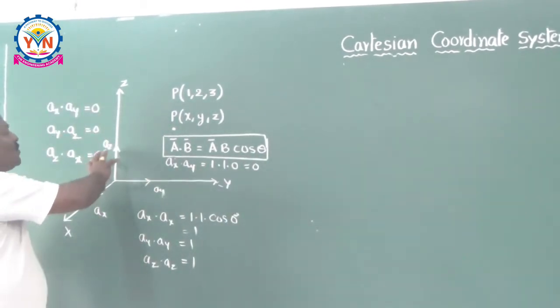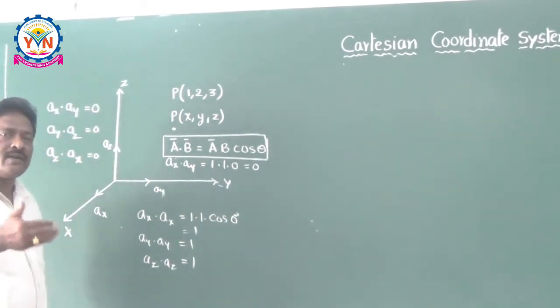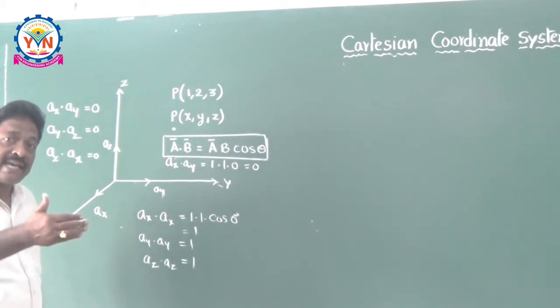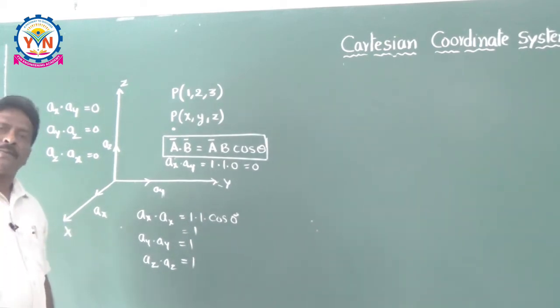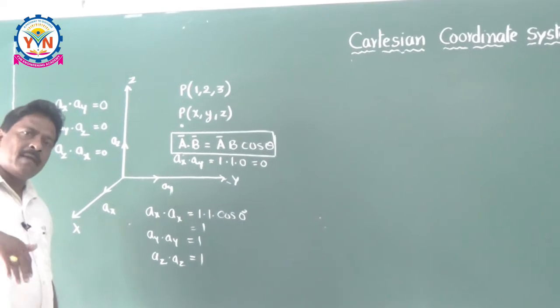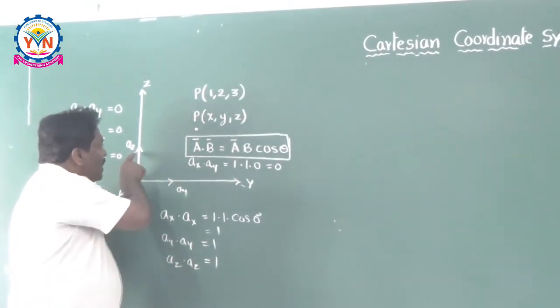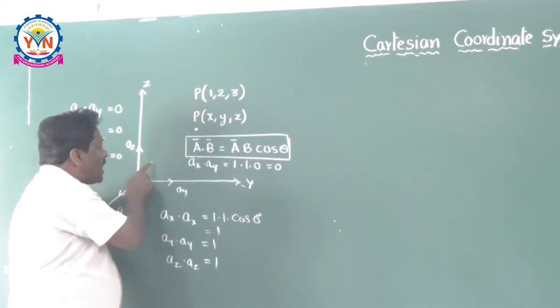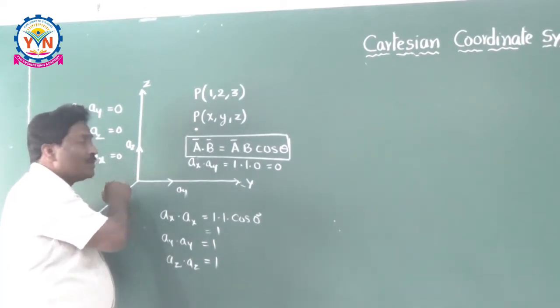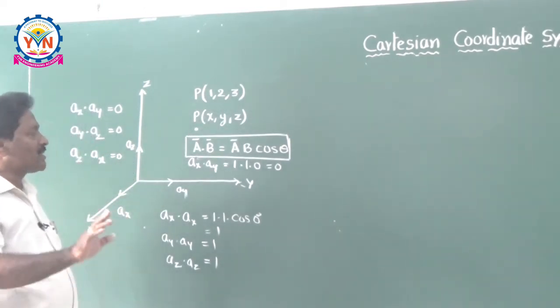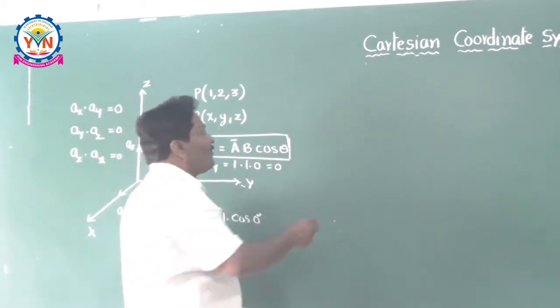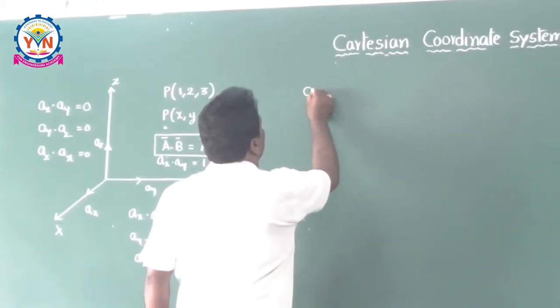So, these unit vectors are meant for telling about the direction of any vector. It may be an electric field in future, it may be a magnetic field in future. So, that's the reason, in order to tell the direction of the fields, I would like to tell about these unit vectors. Now, let us take the component form of a vector. So, what is the component form?